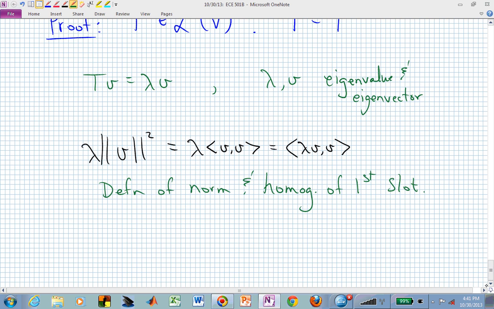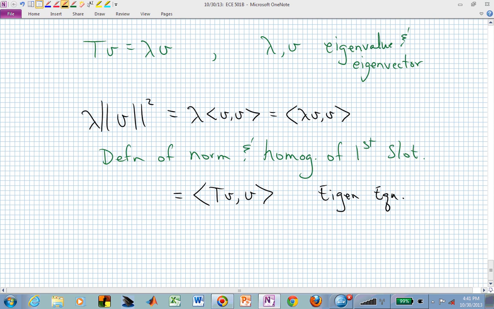So using the eigenvalue equation, or eigen equation, maybe that'll be better, we get that lambda times the norm of v squared is equal to the inner product of Tv with v.